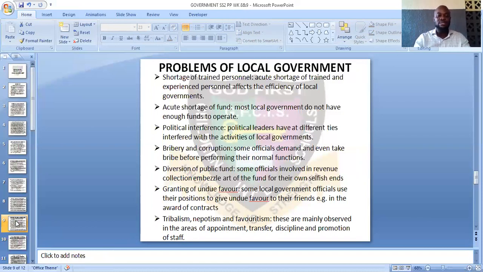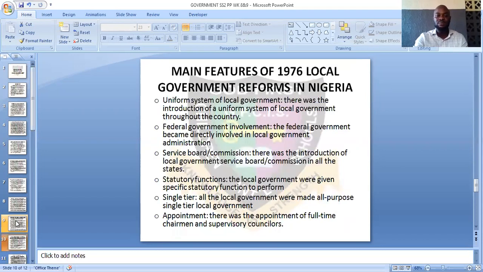All these cases are what we are facing today. These are mainly observed in the areas of appointment, transfers, discipline, and promotion of staff, which is not supposed to be. A lot of things ought to be based on merit and not on tribalism, nepotism, and favoritism. So all these are problems facing local government, making them not as developed as they should be.